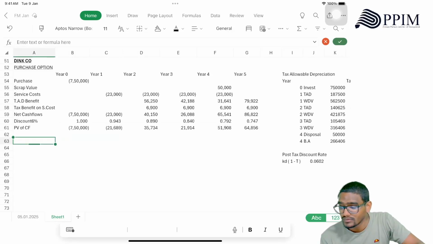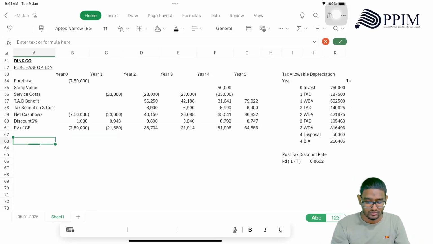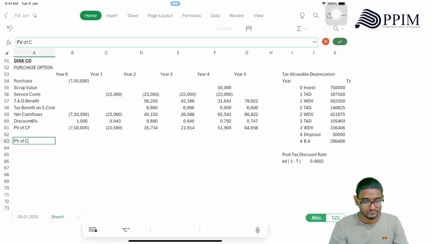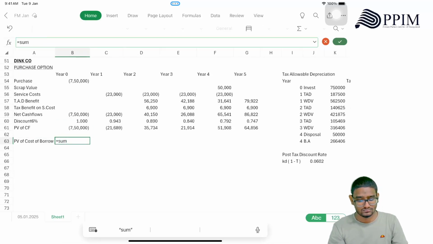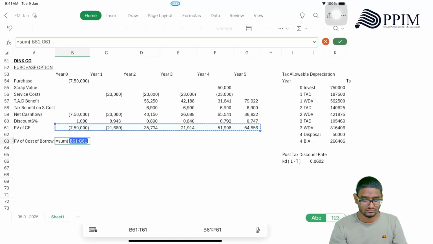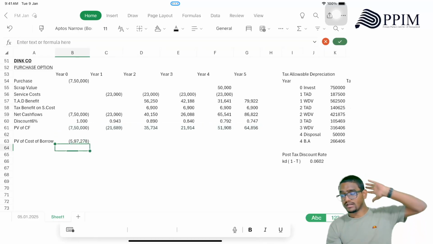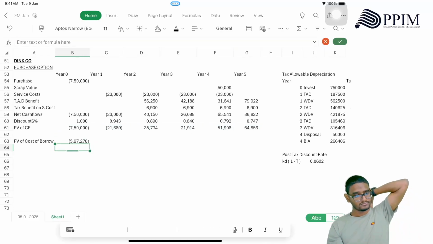Okay, so here you get the present value of cost of borrowing: 597,277.